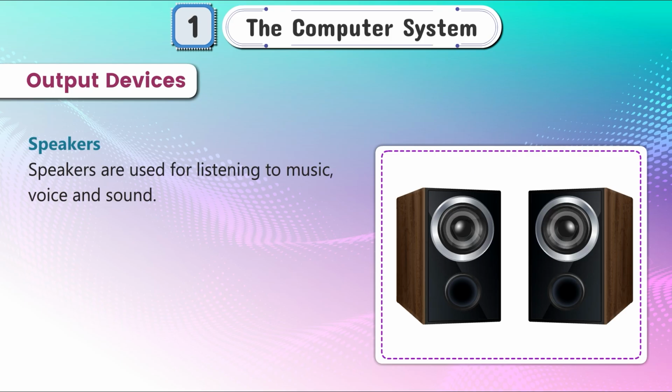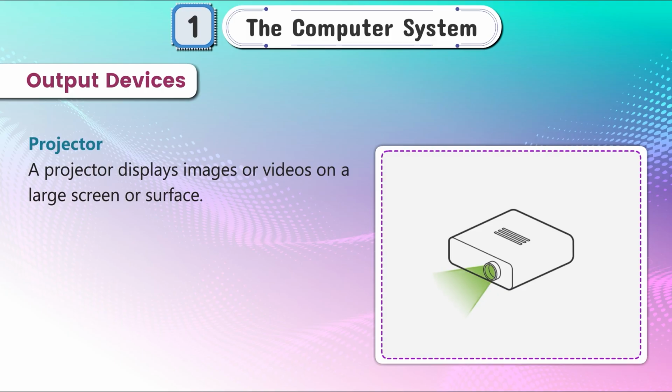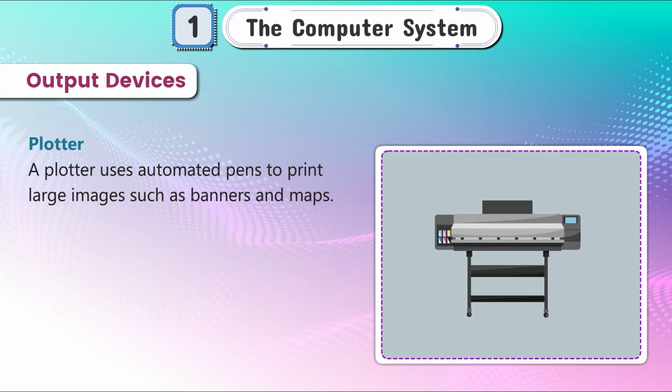Speakers. Speakers are used for listening to music, voice, and sound. Projector. A projector displays images or videos on a large screen or surface. Plotter. A plotter uses automated pens to print large images such as banners and maps.